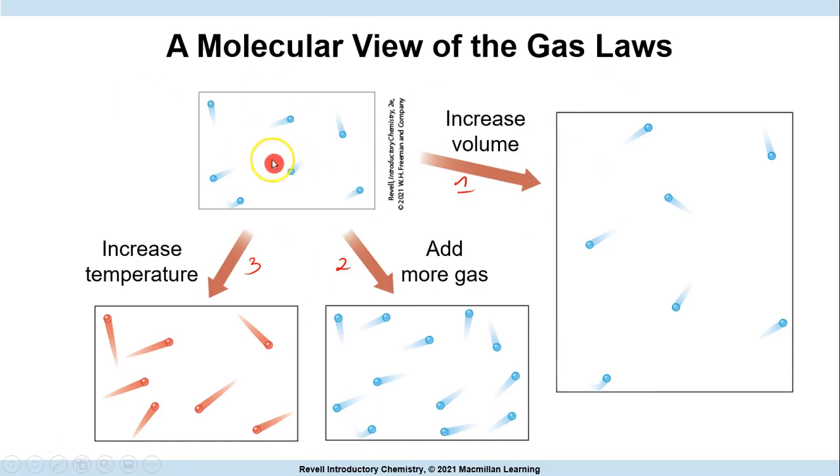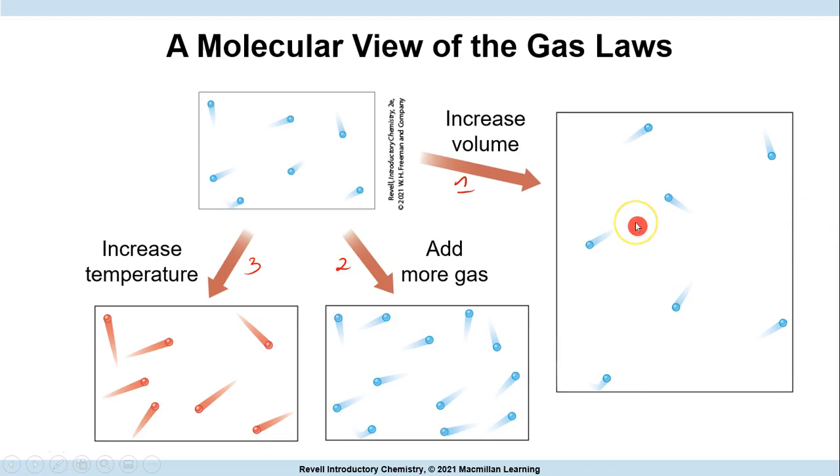What will happen if we increase the volume? What will happen to the pressure? So we are looking at everything here in terms of pressure. Increasing the volume means that the gases will have to travel far distances before they collide with the walls of the container.